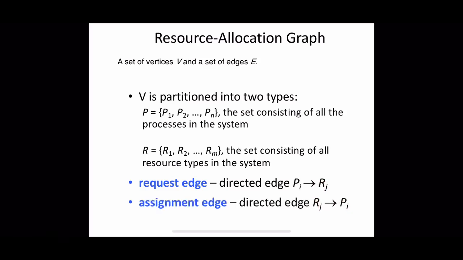And the second type of edge is the assignment edge. That's also a directed edge, from resource type to process. So the edge from Rj to Pi denotes that an instance of resource type Rj is already assigned to process Pi.